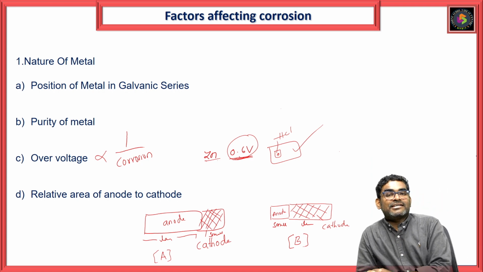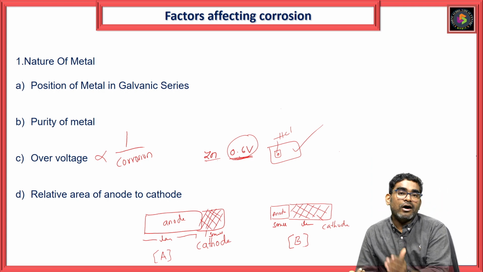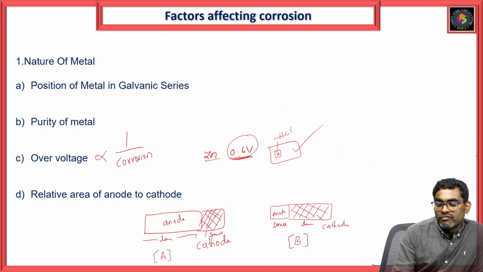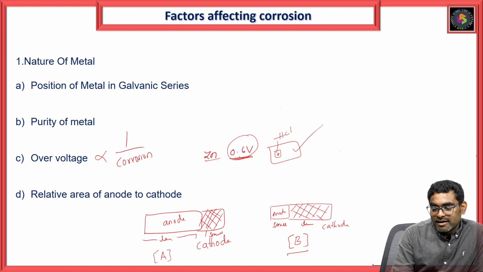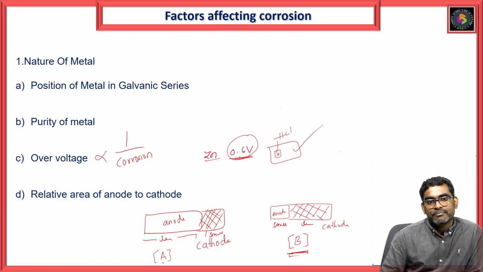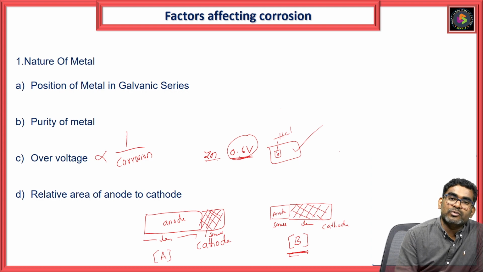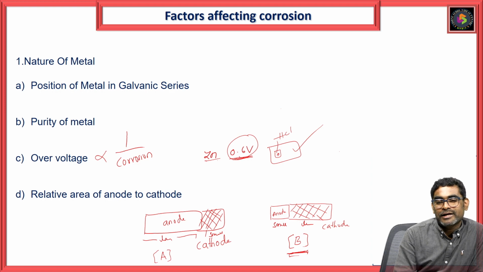Now, when is the extent of corrosion more, for A or B? Obviously for B, the metal in structure type B can undergo more corrosion compared with structure type A. Why? In the mechanism of corrosion, anode always undergoes corrosion, means oxidation always takes place at anode.